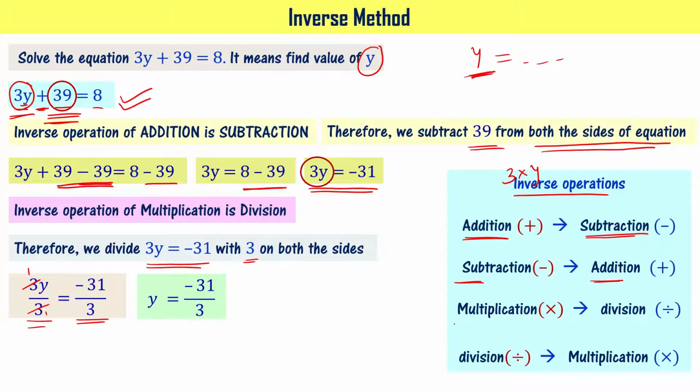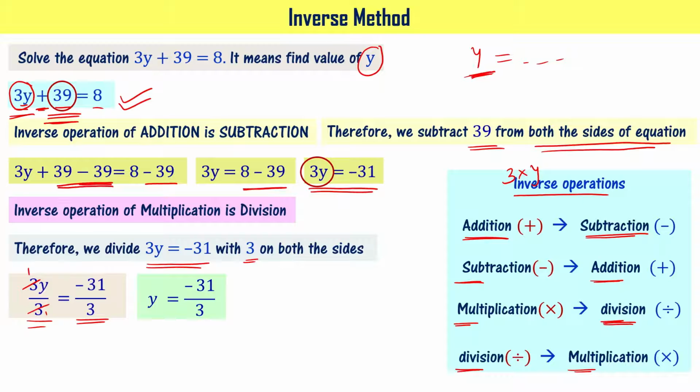If you have multiplication as the operation, then the inverse operation is going to be division. That's what we have seen. 3 is multiplying y. For that reason, we wanted to divide both the sides of the equation by the number 3, right? If division is the operation, then multiplication is going to be the inverse operation.